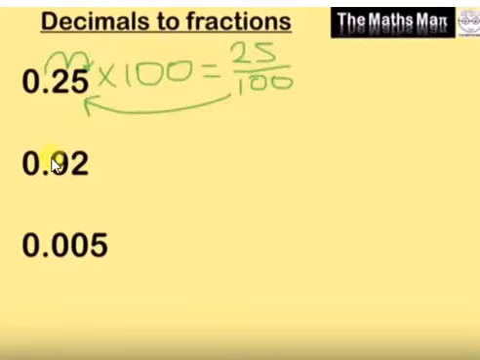So just observe the number of decimal places, and then you put it over a 1 with zeros equal to the number of decimal places.